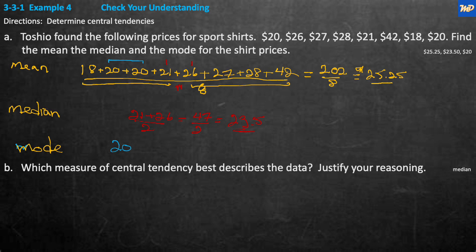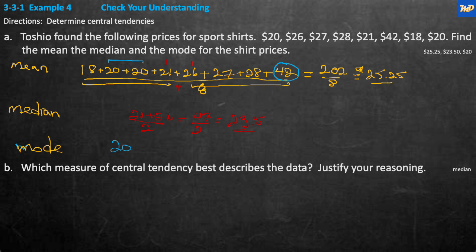And if we look through our data, we have an outlier, and it's this 42, because if you look at these numbers here, they're all near 25. 42 is almost twice that much, so you know that's going to affect the average. It won't affect the median, it won't affect the mode, but it certainly affects the average.